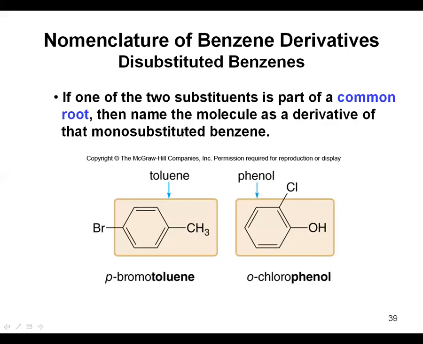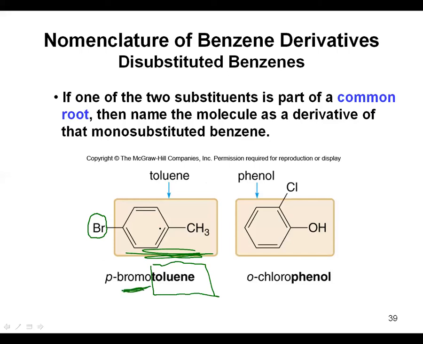Now, here's sort of an incorporation where we have multiple groups attached to a benzene, but we do hit upon one of those historical names. So up here in the box, that benzene ring with the CH3, again, as we talked about, is a historical name known as toluene. And because that CH3 is part of that historical name, that means we just have one more group attached, which is the bromo group.